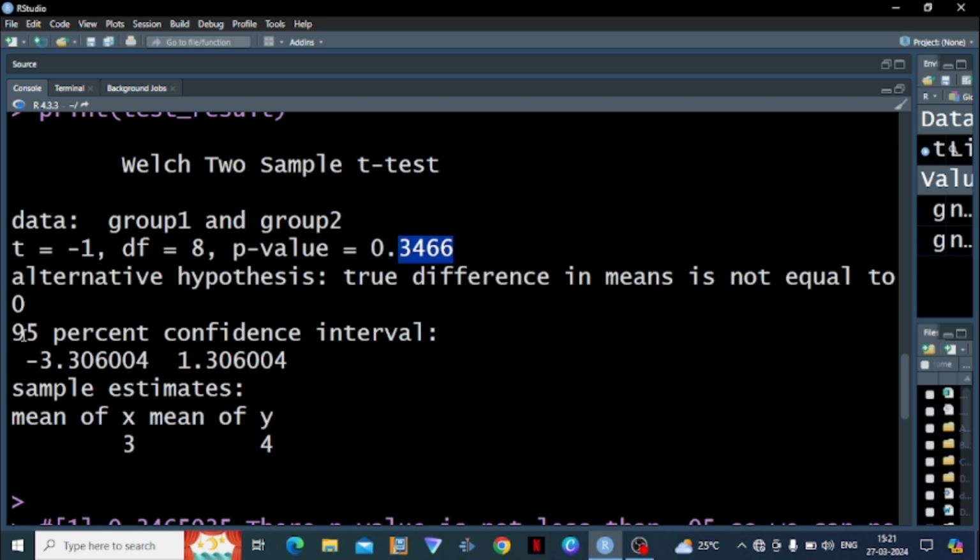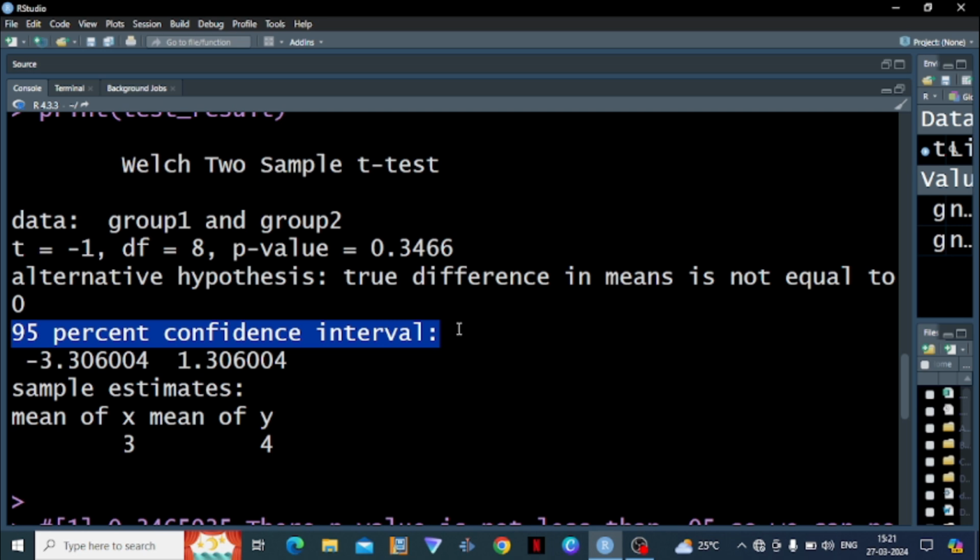Again, when we are talking about the 95% confidence interval, the confidence interval also is a very important tool to analyze this t-test. Now, the scientists are going beyond the p-value. There is a debate whether we should go for the p-value or the confidence interval.